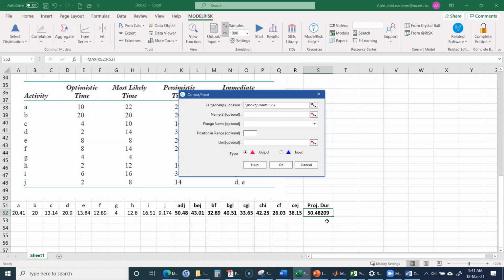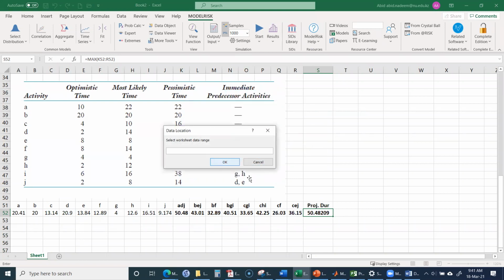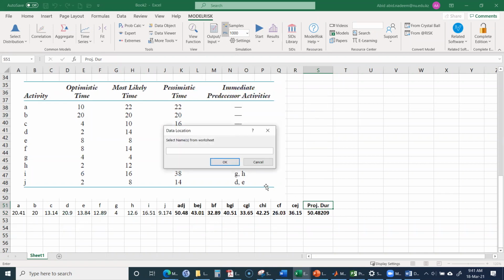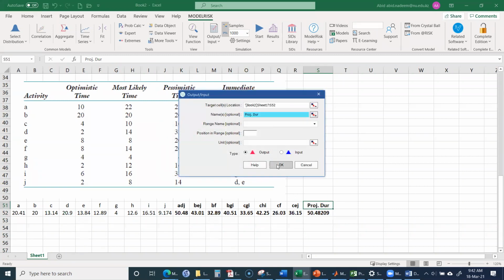Just to make sure, this cell is this. And the optional step is to provide the name, project duration. So the project duration is the name of this cell, and then click OK.